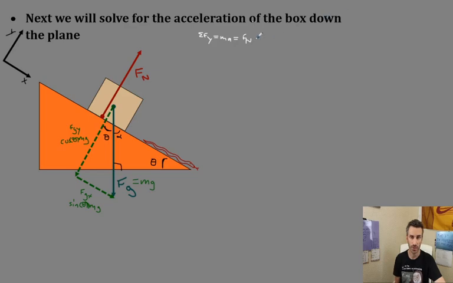So I'm going to say minus the force of gravity in the y direction. And again, since it's not accelerating in this direction whatsoever, I'm going to say this whole thing, acceleration, is equal to 0, which means that the whole thing is equal to 0.